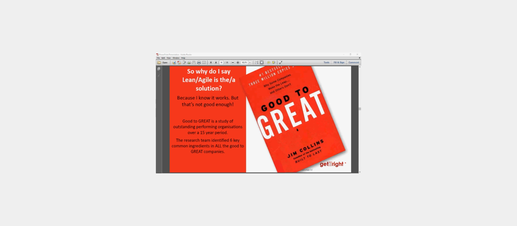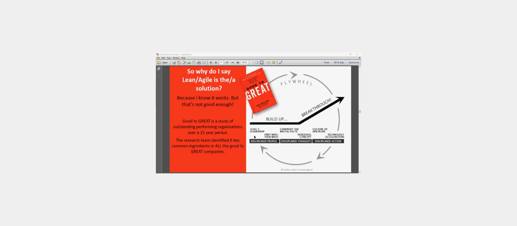And these six things were anchored in another approach. So let me quickly go through the things that Jim Collins' team identified as indicators of organizations with sustained growth and leadership positions within their specific industry.